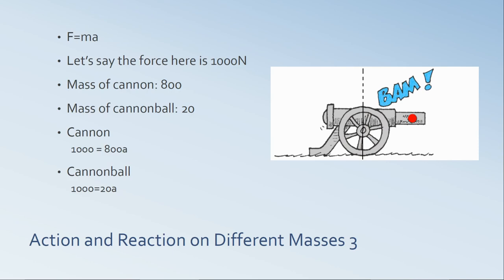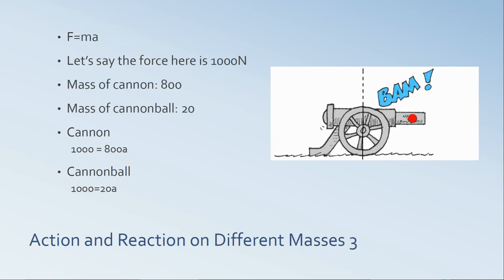Let's say the force we're exerting to fire a cannonball is 1,000 newtons, the mass of the cannon is 800 kilos, and the mass of the cannonball is 20 kilos. If we plug this into our force equals mass times acceleration equation, for the cannon, the force of 1,000 newtons equals 800 kilos times A. If we work that out, A is a pretty small number: 1.25.